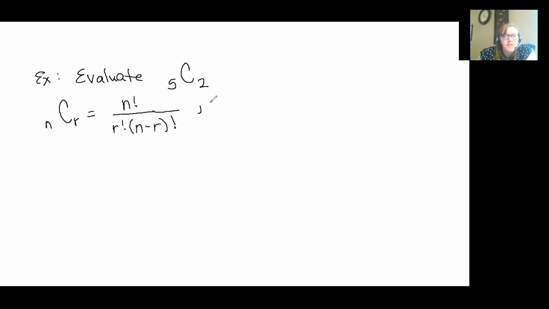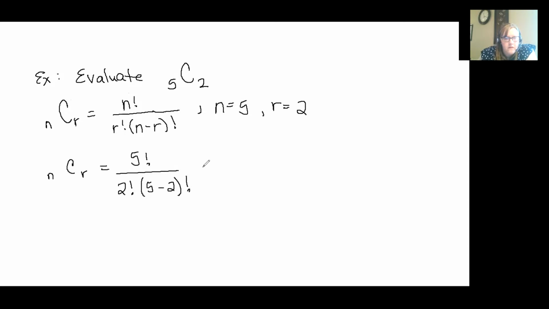All right, in this situation, N is 5 and R is 2. So now I'm going to plug that in. When you put that in your calculator, you're going to get 10.